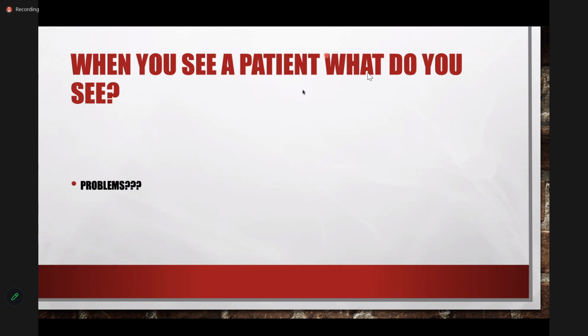When the cat arrives in the consult room, is there any clinical sign that suggests it's FIV or calicivirus? Why do they go to the vet clinic? So what they see are problems.